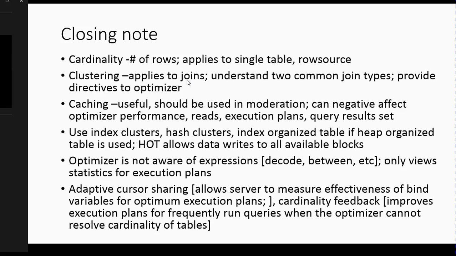It's all about what type of information is being presented to the optimizer that goes into laying out the execution plan. This is one method that Oracle went about to measure how effective those bind variables are. You also have another feature called cardinality feedback.